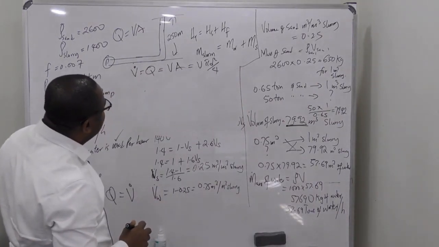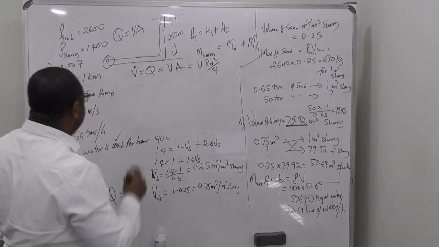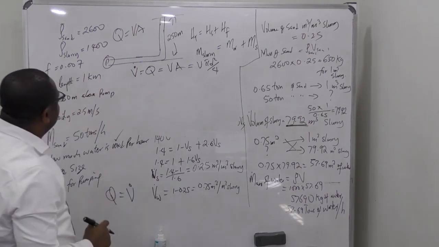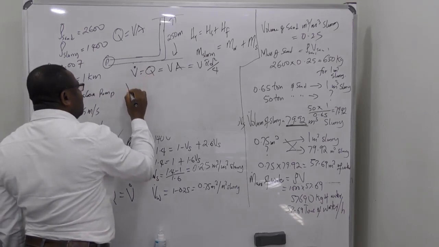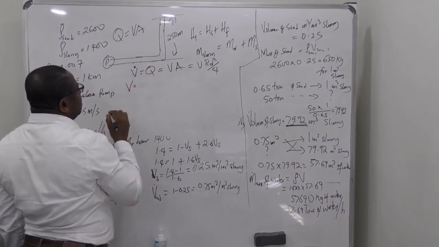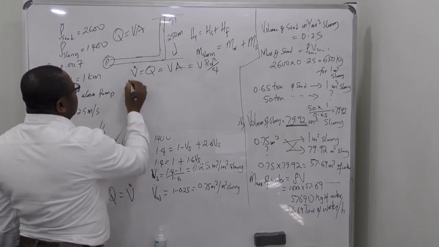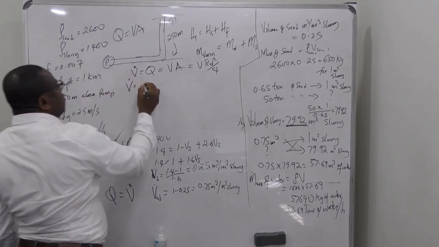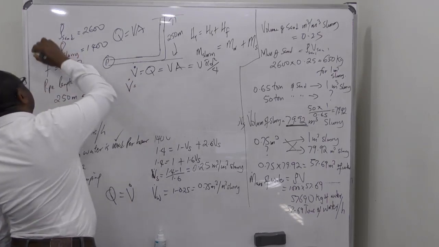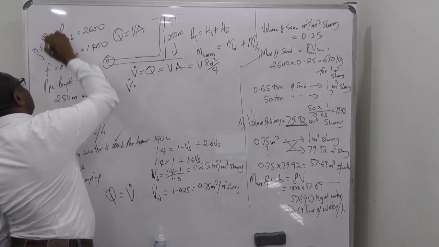Let's just get this density. Density is mass over volume.